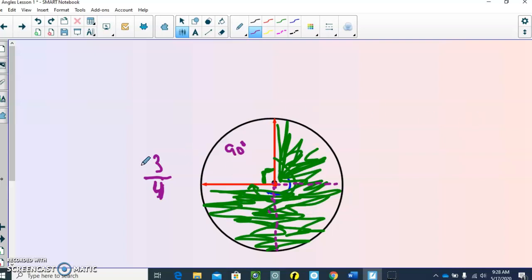And so if I have 3 of them, I could just multiply by 3. Or you can add 90 three times, but we're getting ready for 5th grade, so we're going to multiply. So 3 times 0 is 0, 3 times 9 is 27. So this green shaded portion here is equal to 270 degrees.